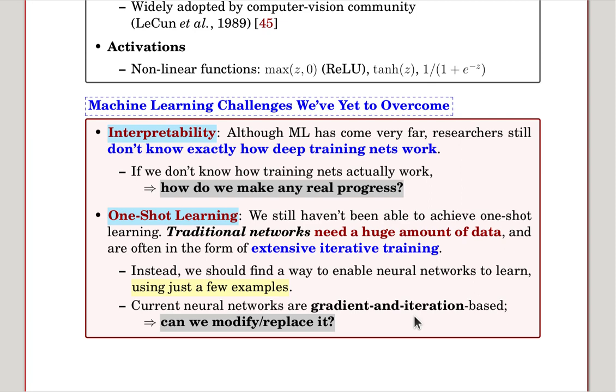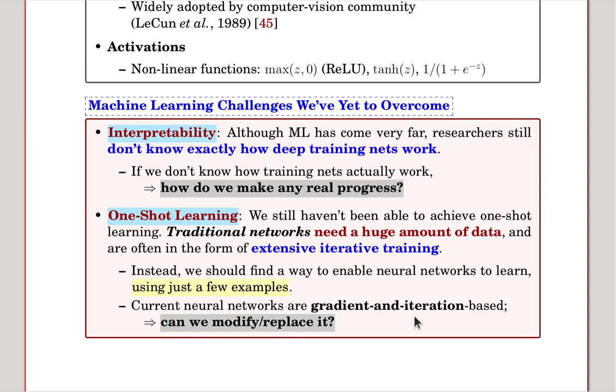Human beings can understand an object or scene through a few examples. However, these machine learning algorithms need a huge amount of data. When you start working on some new data set, in the beginning the number of data points is not really large.